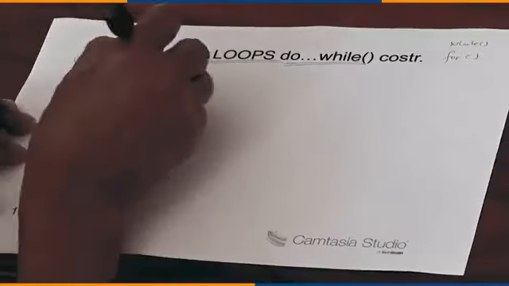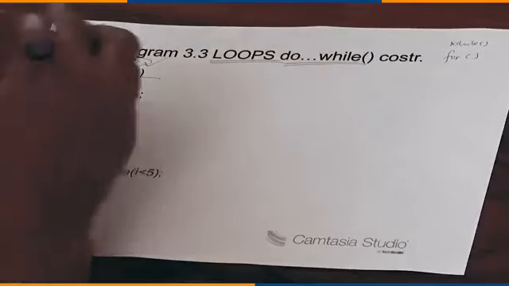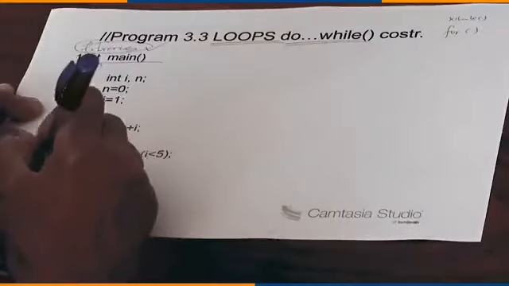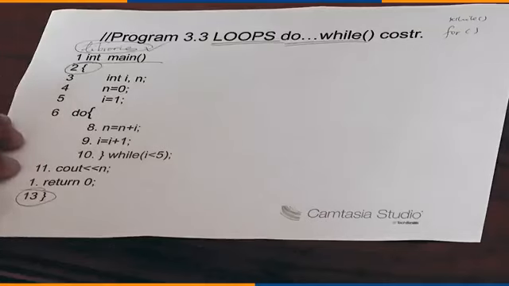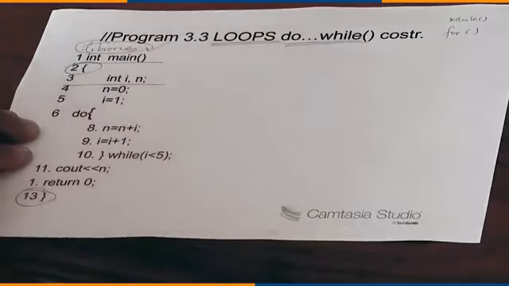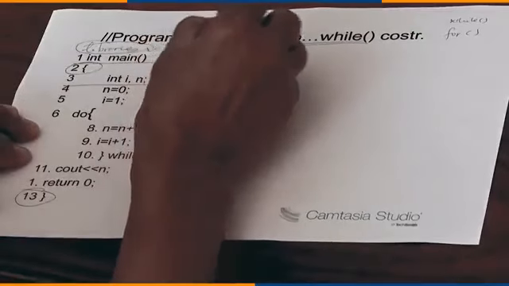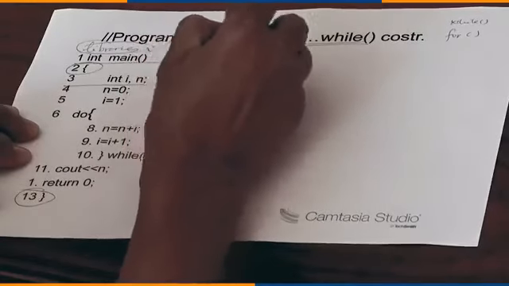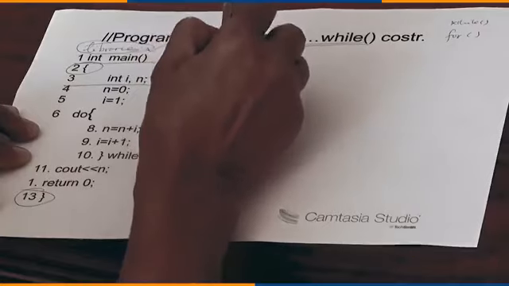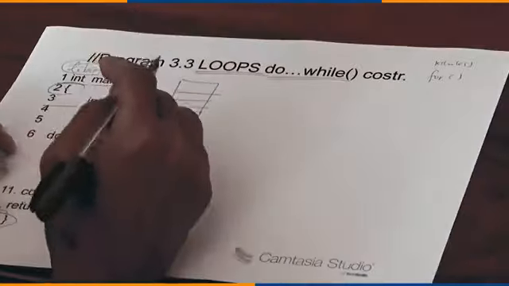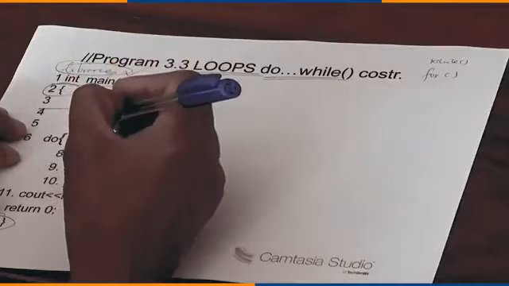Line number 1, as you have said, is the header of the main function. Line number 2 is where the paragraph starts, ending at line number 13. And line number 3 is a declaration. Now you must be used to declaration of variables, whereby we are saying for any program to work, you must reserve spaces in the computer, and those spaces must be named.